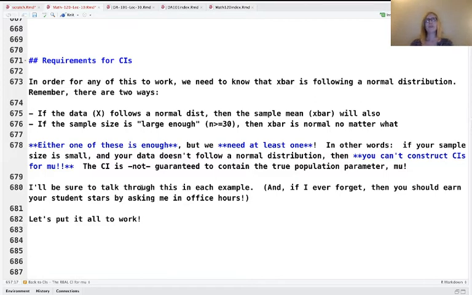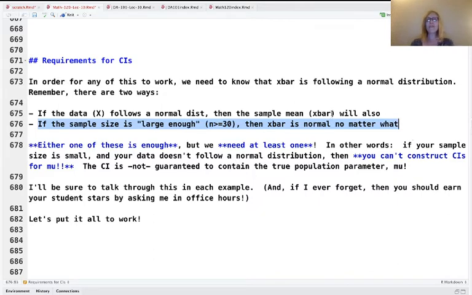This is review from before the break. So I want to remind you, there are two ways we might know that. The one that probably comes to your mind right away is the second one that I wrote here. This is the central limit theorem. If we've got a large enough sample size, if n is at least 30, then for sure x bar follows a normal distribution.